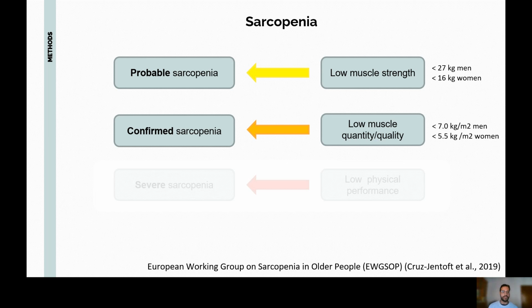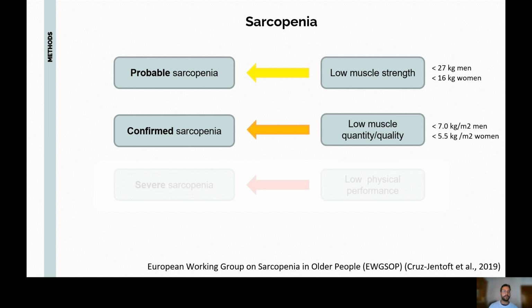We also measured sarcopenia with the European Working Group on Sarcopenia in Older People algorithm and classification, which takes into account, on a first stage, muscle strength.